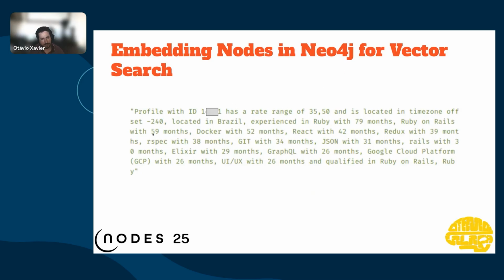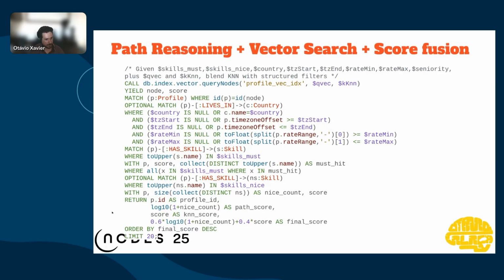Suppose we have this type of text to represent a profile. Basically everything we have in the profile, but as text. What we are going to do is create embeddings for all the profiles based on those texts and do the vector search through them. It's a complete Cypher query in this example, but what I want to bring here is the combination of the vector search with the structured query.